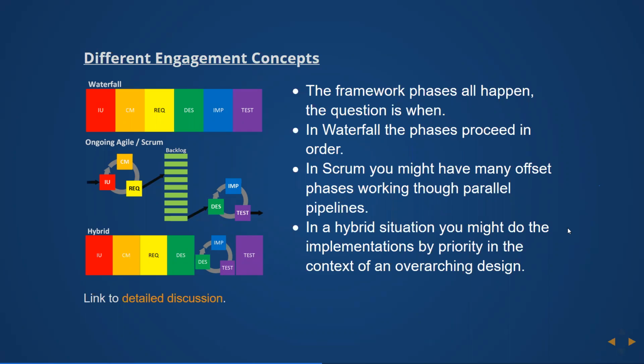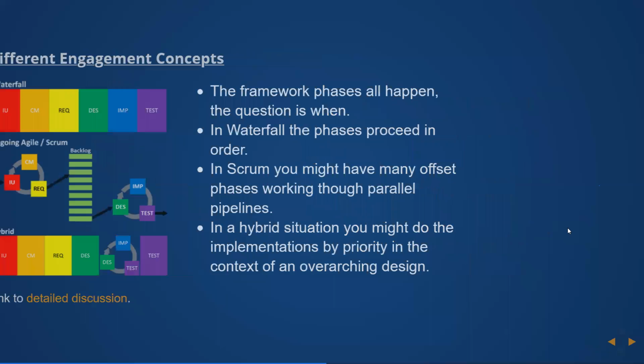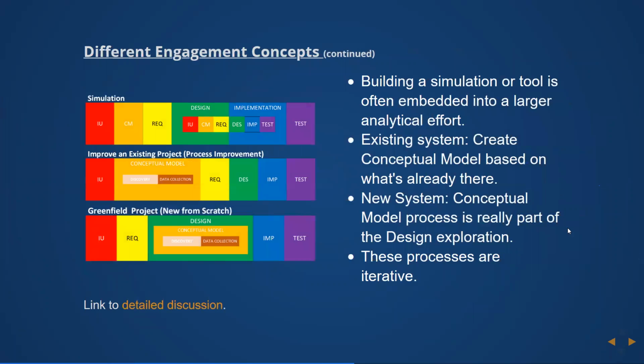So if you have a clear picture of what your management schema is, then things will become more clear. And the same thing again, whether you're building something new or improving something that already exists.